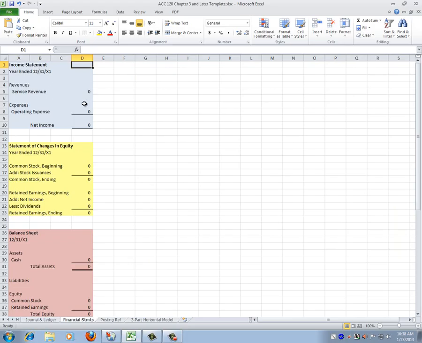starting with the income statement, and that shows revenues less expenses.